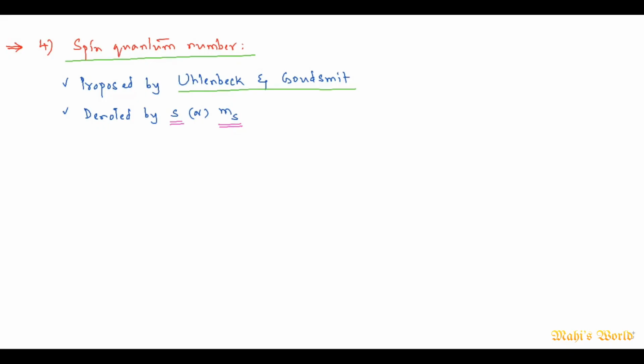It is because when an electron is placed in a magnetic field, it will have two different spins. Let me show you.